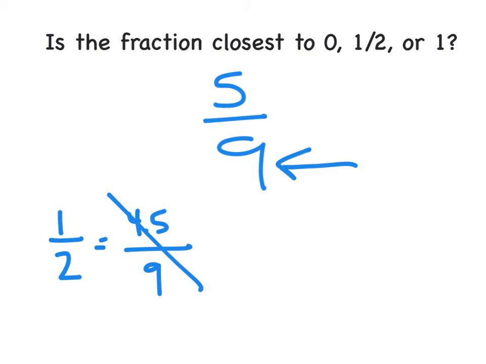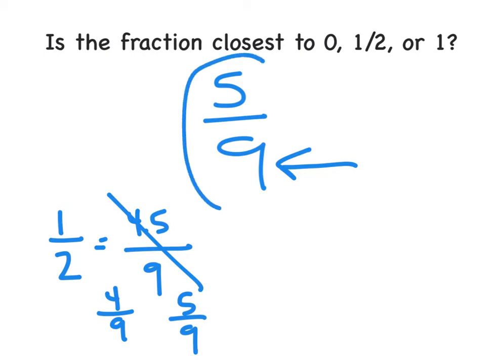But just to help me think it through in my head, I know that half of 9 is 4.5. Even though that's not the right way to write it, I'm just going to jot it down there. So it's between 4/9 or 5/9. Those would be right about at half. So, as you can see, here we have 5/9. So it's really close to 1/2.